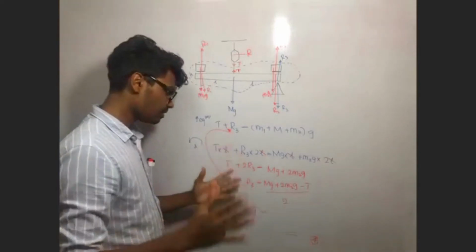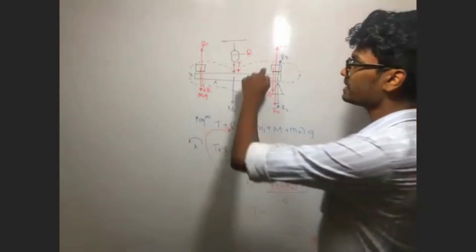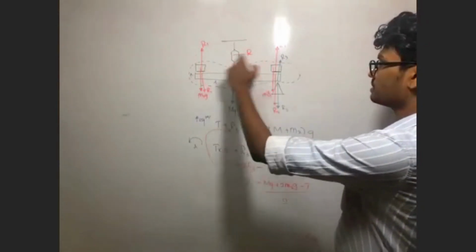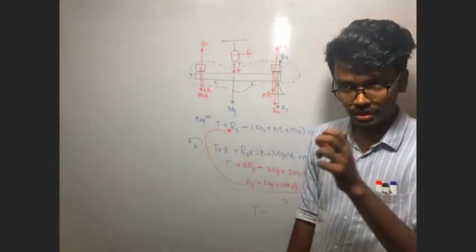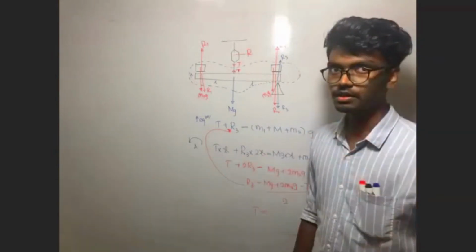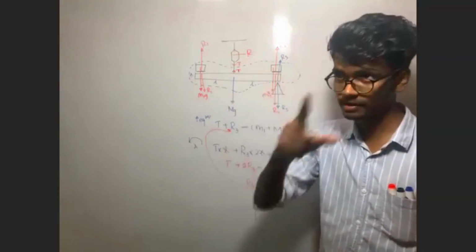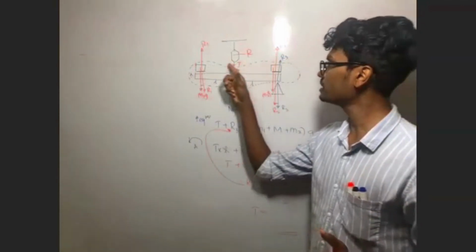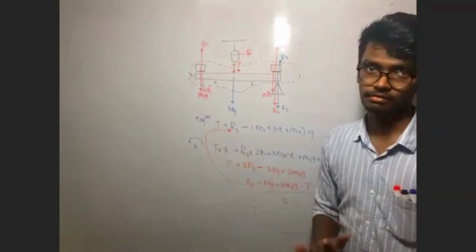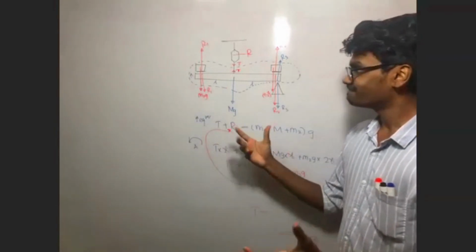So once again, I will say what I did. We could have taken the complete system, but the thing is we didn't know the mass of the wedge. So therefore, better we exclude the wedge when considering. So I considered this thing, excluding the mass of the wedge.